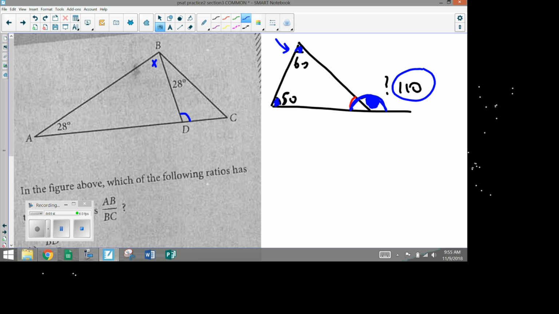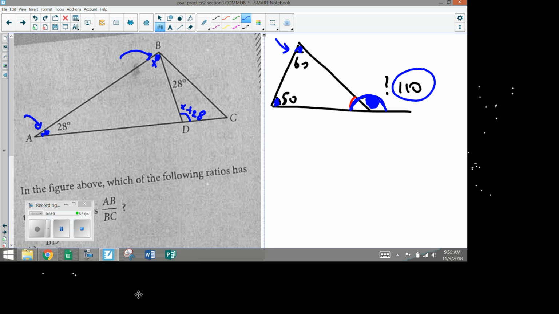That's right. Because the sum of the two interior angles, this one and that one, is equal to one exterior angle. So I call this one X plus 28. Make sense?